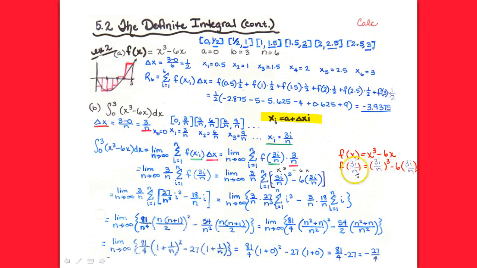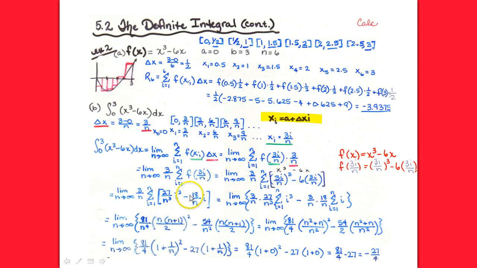So that's where we get what you see here, the 3i over n cubed minus 6 times 3i over n. That is from doing f of 3i over n. So we're going to replace f of 3i over n with what it's equal to. Now, let's do a little bit of simplifying. 3 cubed gives me 27.